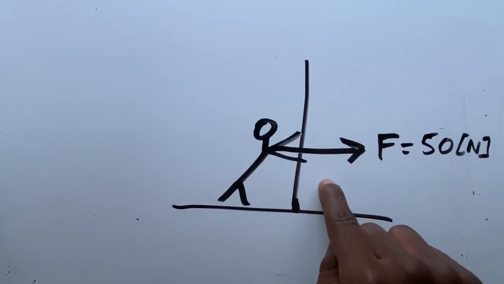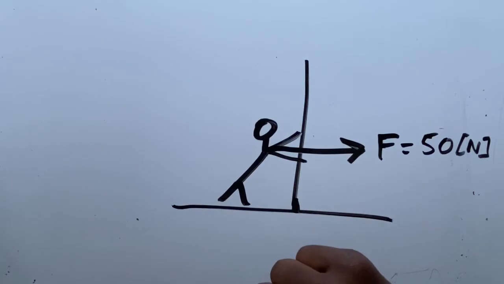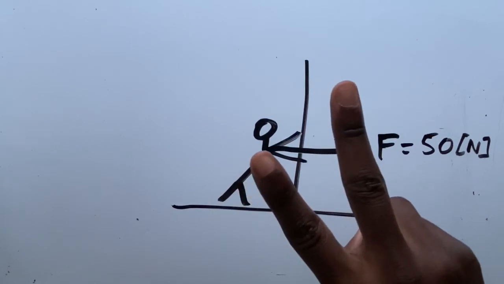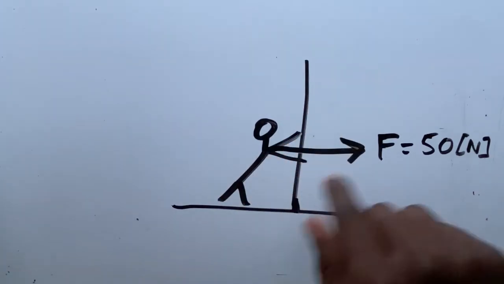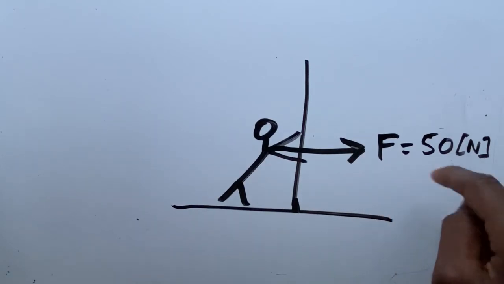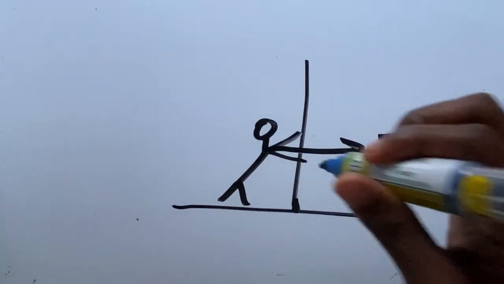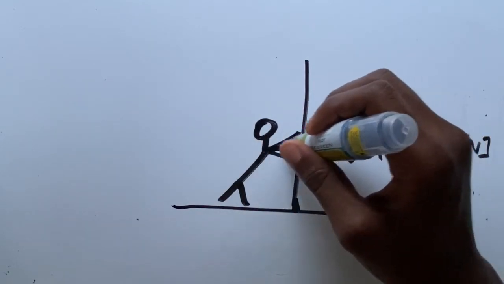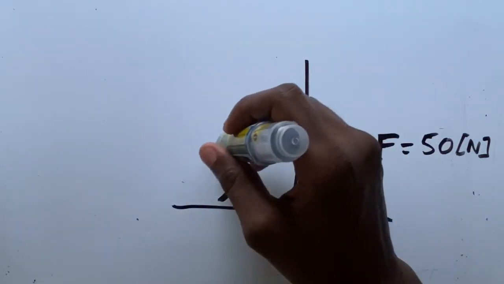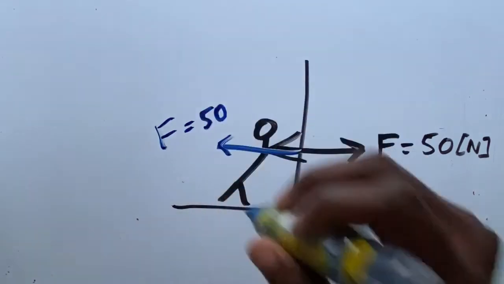So you pushing on this wall is the one interaction. And so there must be two forces, of equal opposite direction. There's this force that you're pushing of 50 newtons that way. So the wall, since the wall's not moving, must be pushing back on you this way, of 50 newtons.